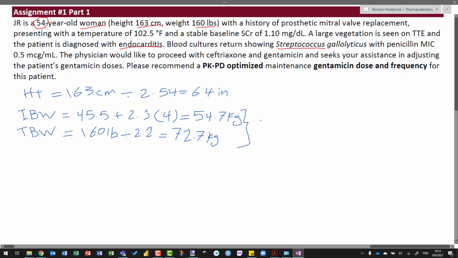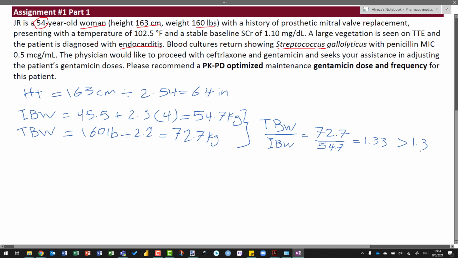The question is, is it more than 30%? So if you just do a ratio of total body weight to ideal body weight, you basically say 72.7 divided by 54.7, which is 1.33, which means that it's definitely more than 1.3 times ideal body weight.